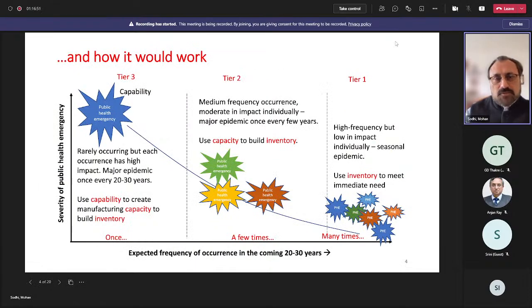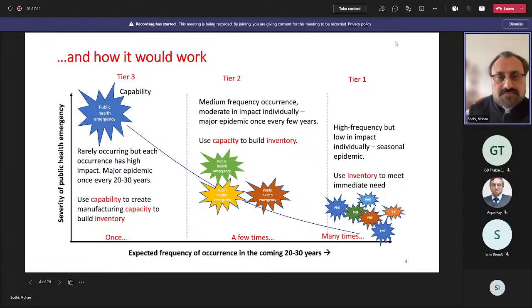And this is how it would work. If there was a global or a national level public health emergency, we would use inventory to meet that need. And in fact, most years, so we are really talking every year, most years, the demand would be quite small and it would be met from inventory.